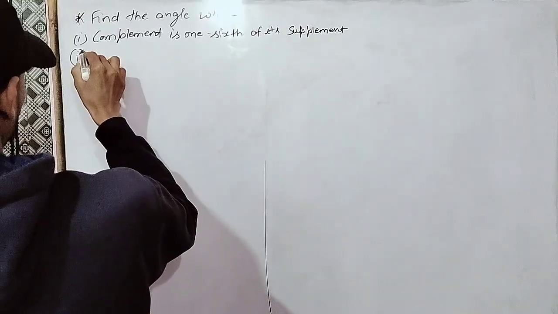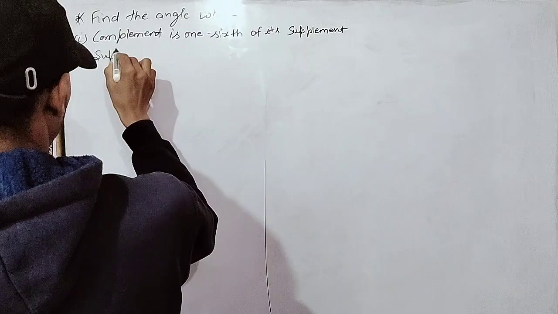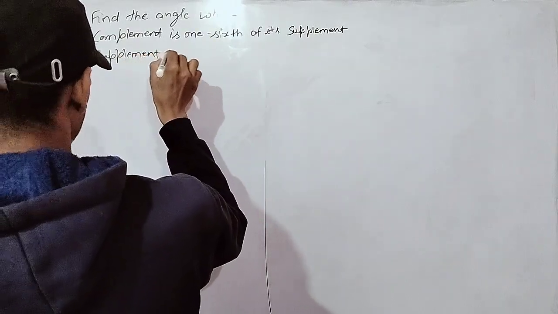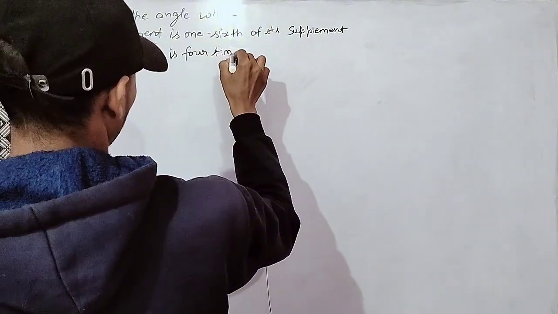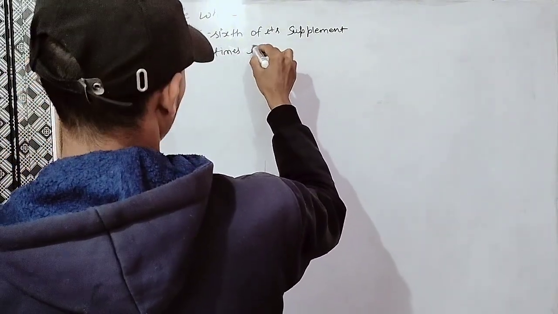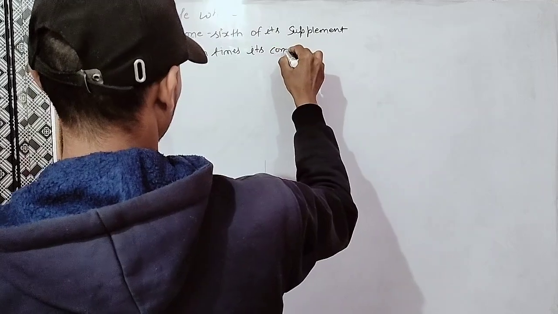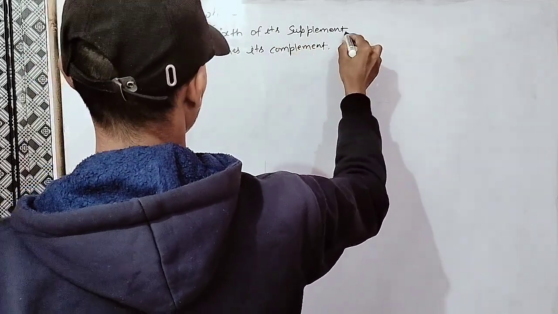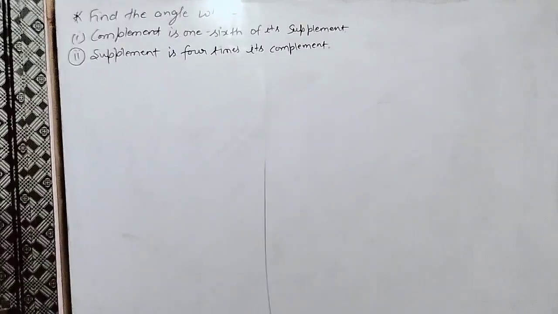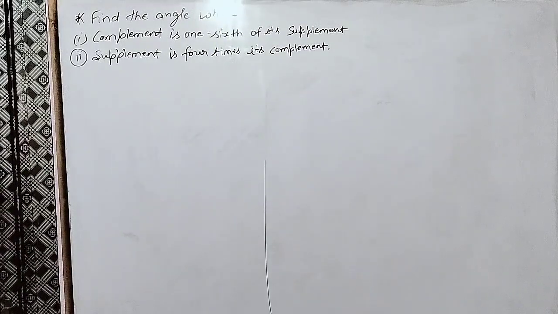Second, supplement is 4 times its complement. We have two statements and we have to identify the angle. Okay, so let's solve it with the first question.